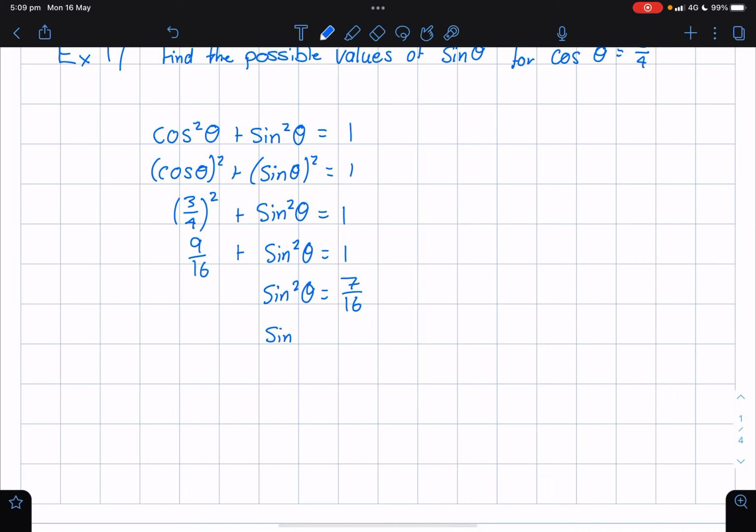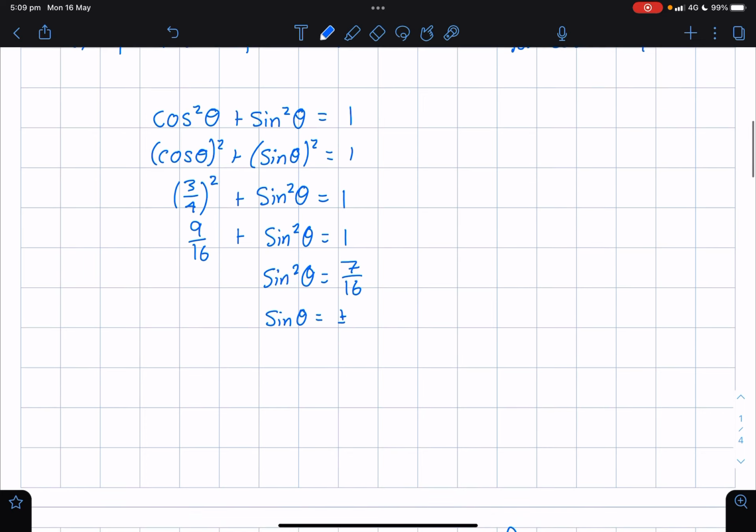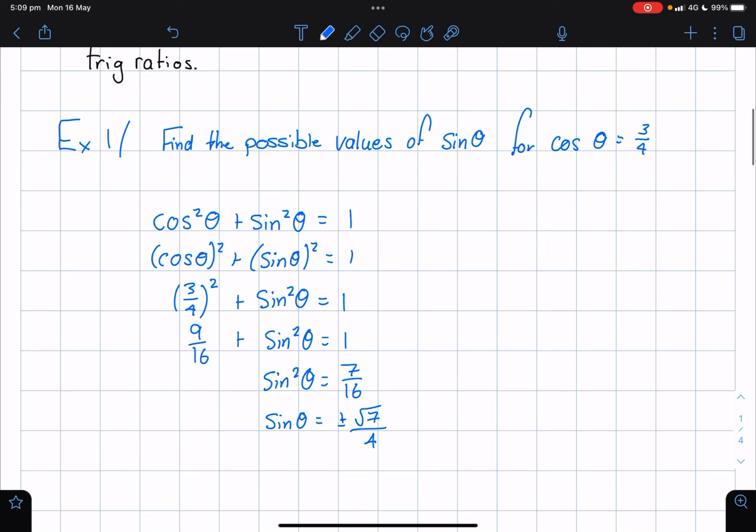So sine theta equals plus or minus. It's super important to remember that plus or minus unless we're given specific constraints, which we'll talk about in the next example. The square root of 7, and the square root of 16 is just 4. So for cos theta equals 3/4, sine theta equals plus or minus root 7 over 4.